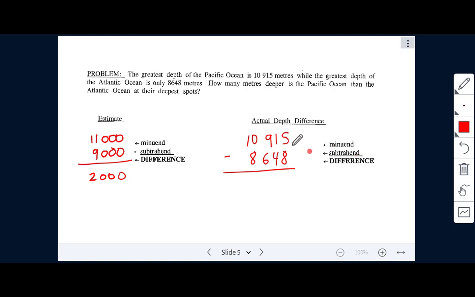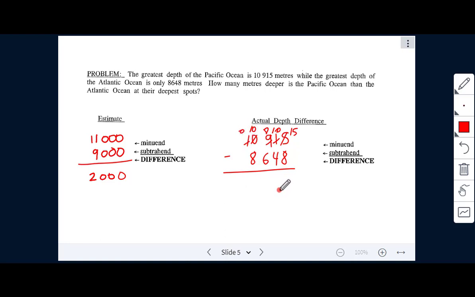So 5 minus 8, we have to borrow. Change that to 15. This will become 10. This will become 8. This will become 10. And this will become 0.